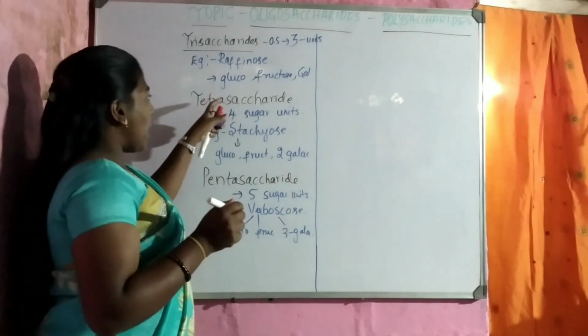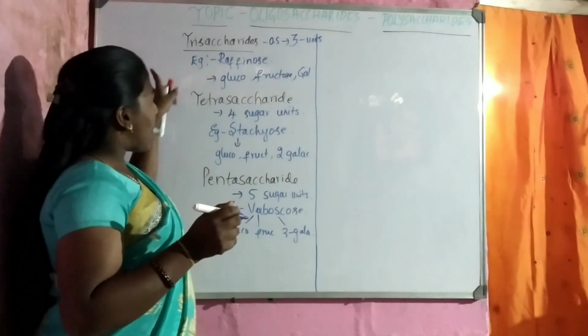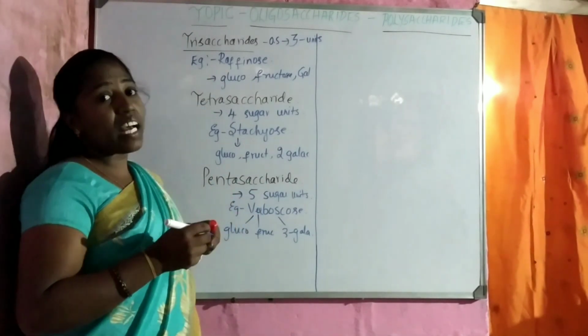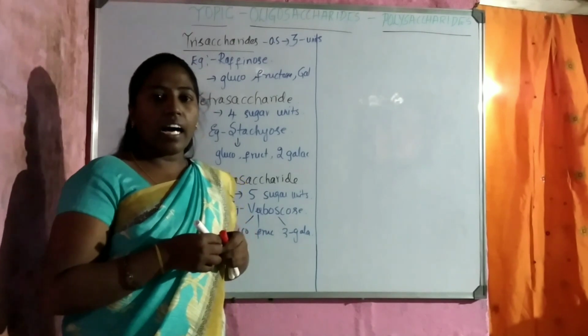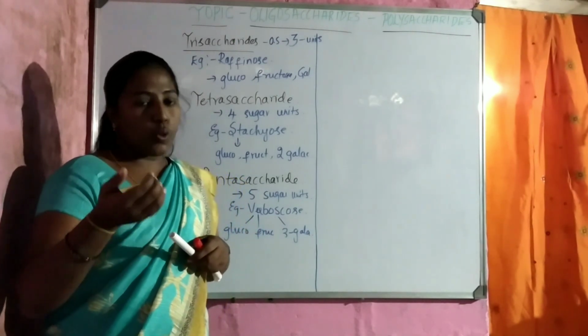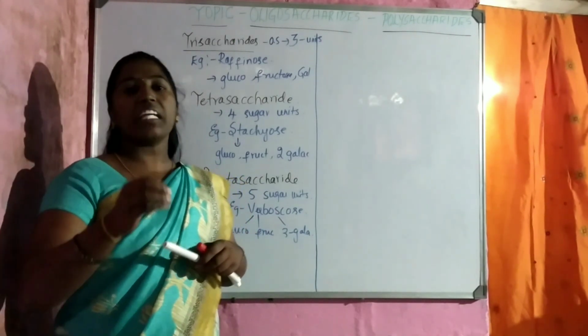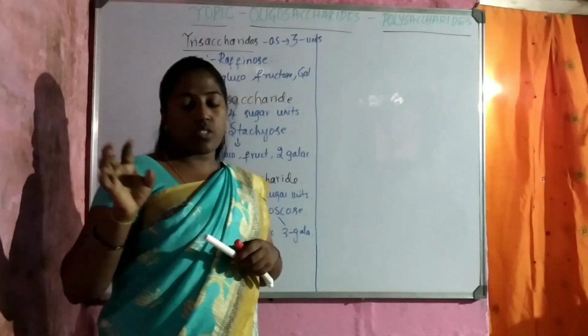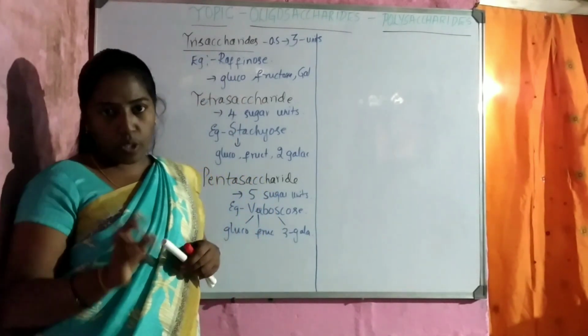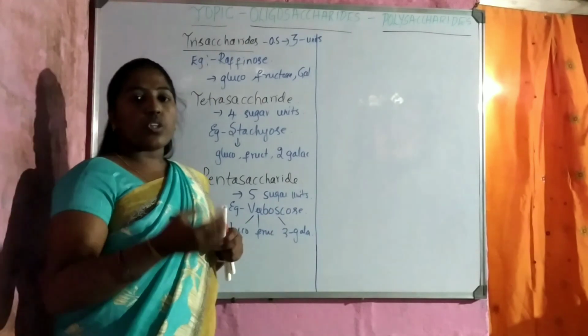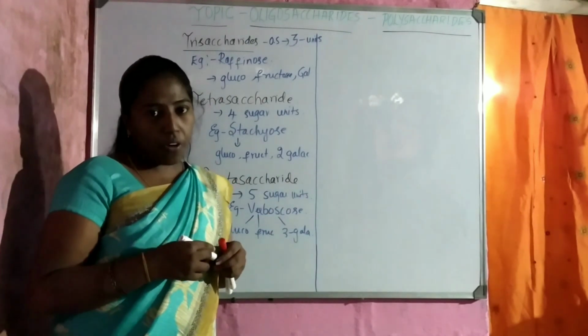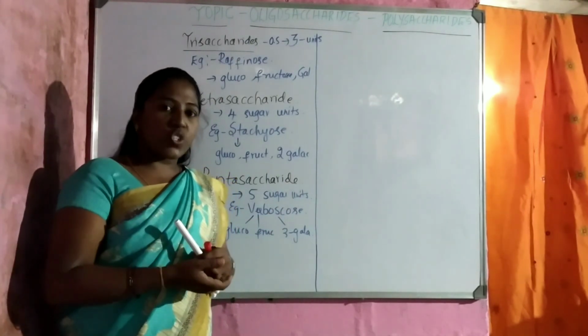All these three, that is trisaccharides, tetrasaccharides, and pentasaccharides, are part of the human diet, but they are not digestible. They will not be digested inside the body. But what is the function?